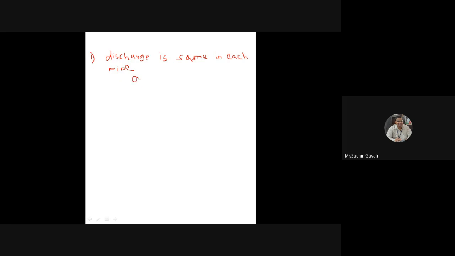Therefore Q is equal to Q1 flowing in the first pipe, equal to Q2 flowing in the second pipe, equal to Q3 flowing in the third pipe. So this is the first property: discharge is the same in each pipe.